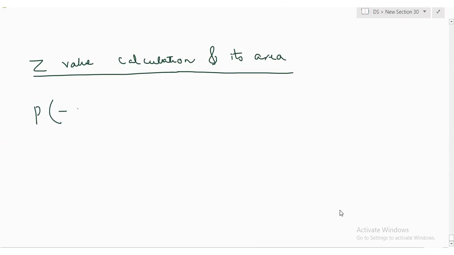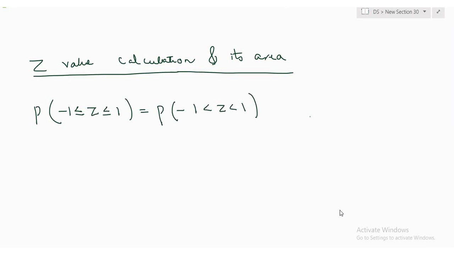value. And one more thing before getting to this, I want to tell one more thing. Let me write it first. How much is the area between -1 to +1? This is equivalent to the area between this, especially in the continuous data. Why? For example, let us take it.